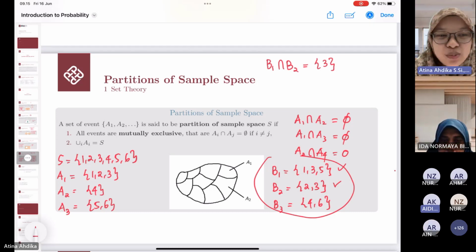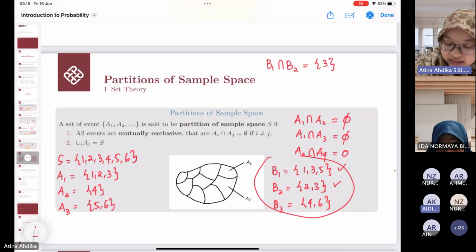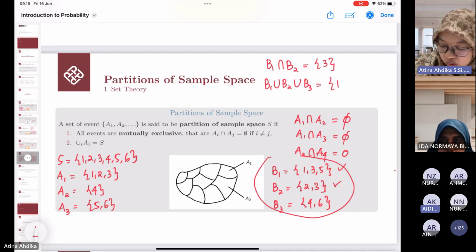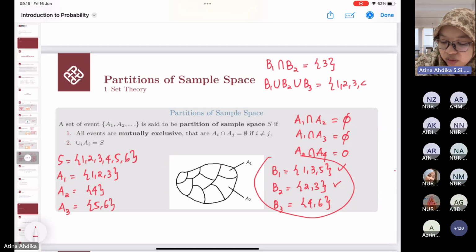So the answer is no because the first requirement is not fulfilled by these three events. Although the second requirement is fulfilled, we can see that the union of B1, B2, and B3 form sample space, that is 1, 2, 3, 4, 5, and 6.